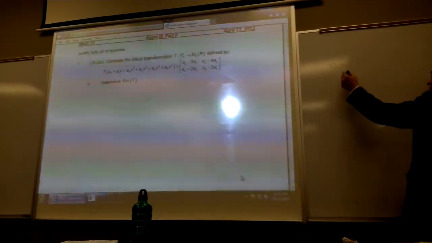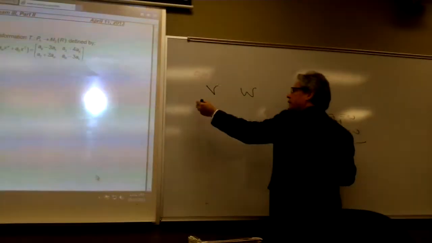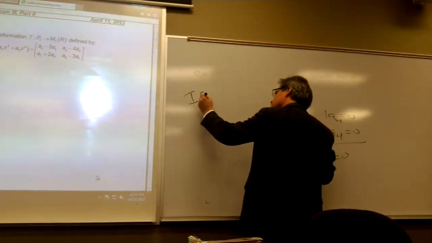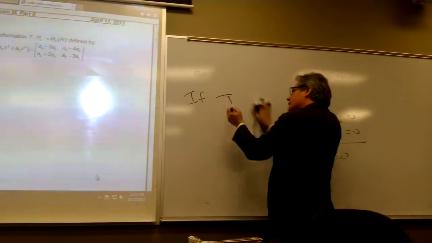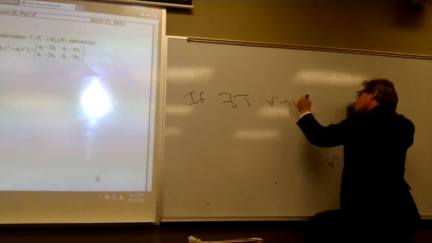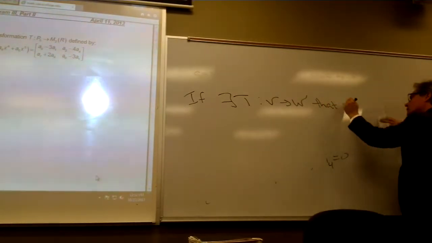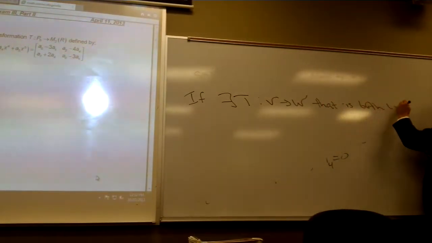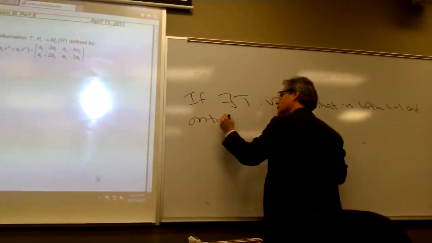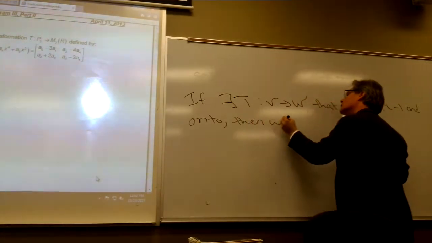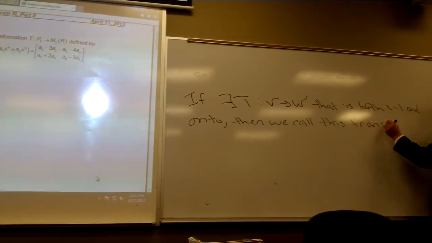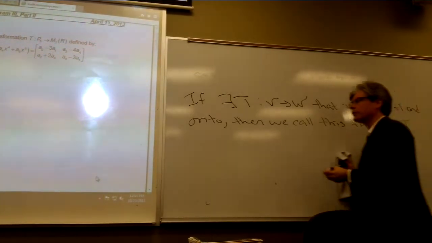If you've got two vector spaces, V and W, if there exists a linear transformation T from V to W that is both one-to-one and onto, then we call this transformation T an isomorphism.